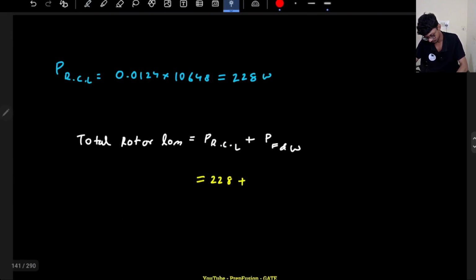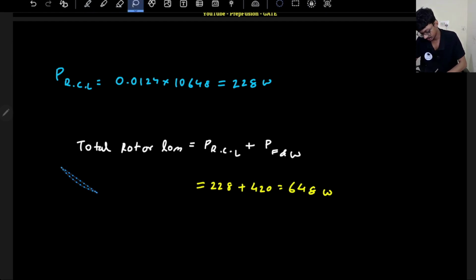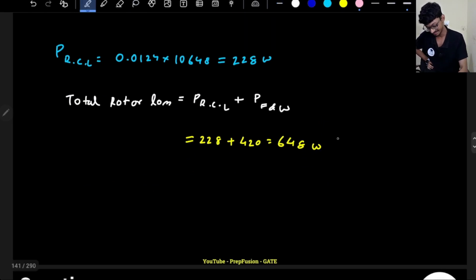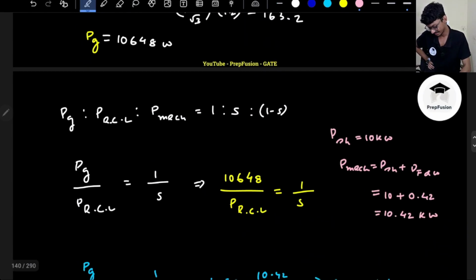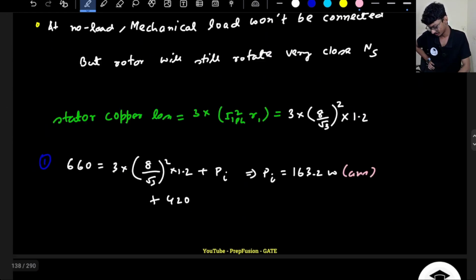So 228 plus 420 is 648 watts. So this is the total rotor loss that I am able to find out. This is the answer for the second portion. The question is going a bit lengthier than I expected. I think we have to extend the torque slip characteristics in the next lecture.